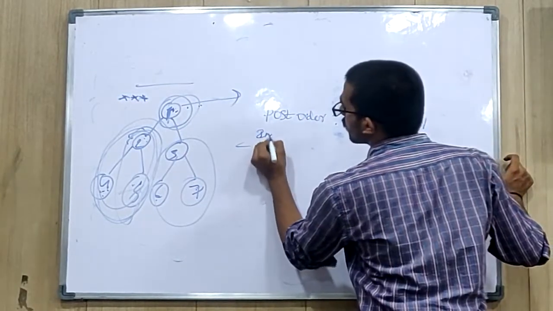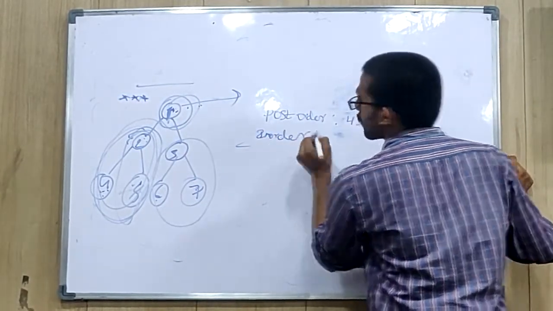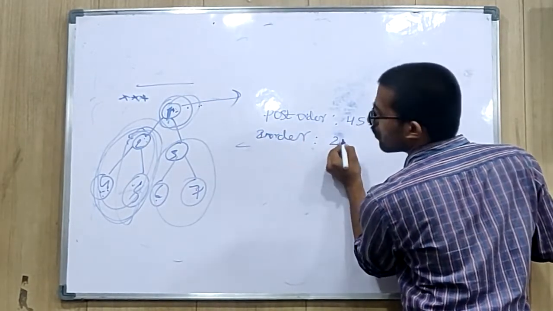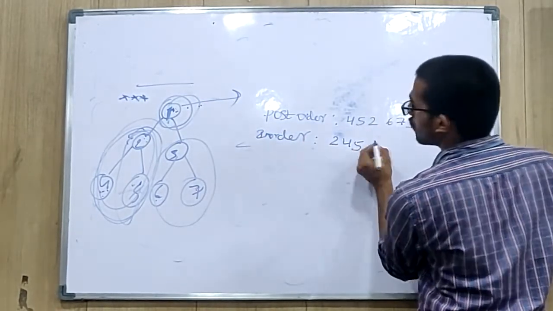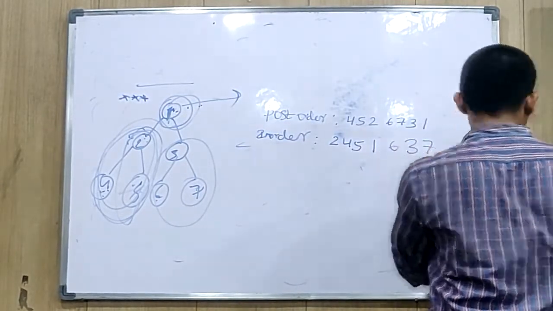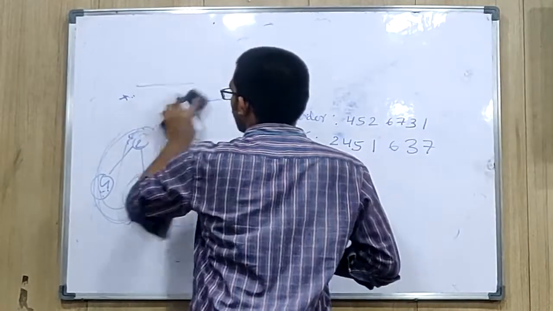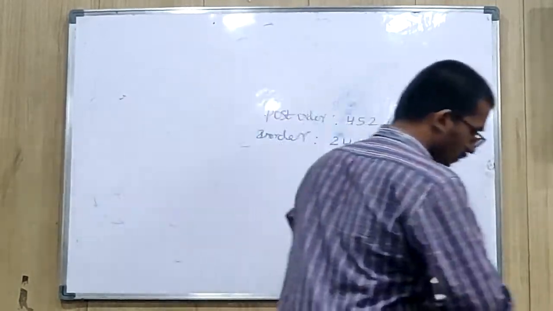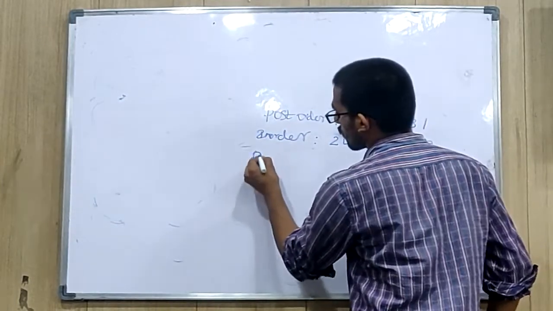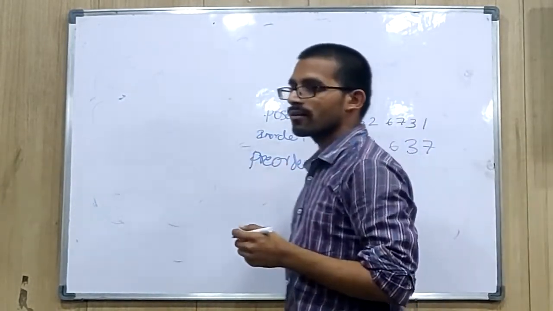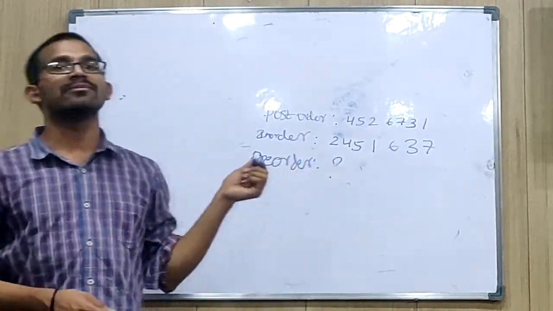The in-order traversal is 2, 4, 5, 1, 6, 3, 7. What is the pre-order? This is the question they will give in the MCQs.